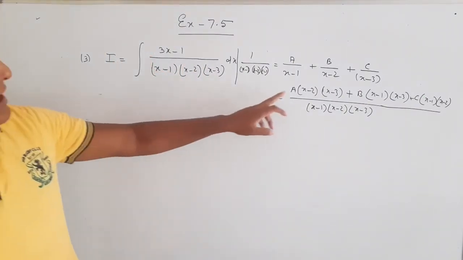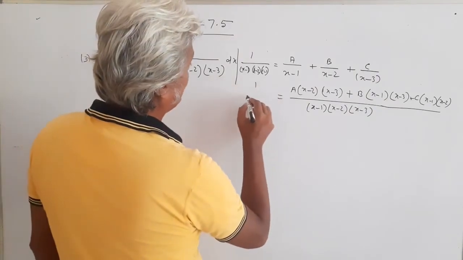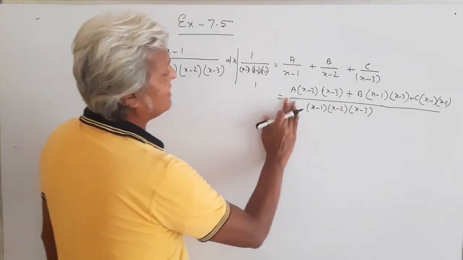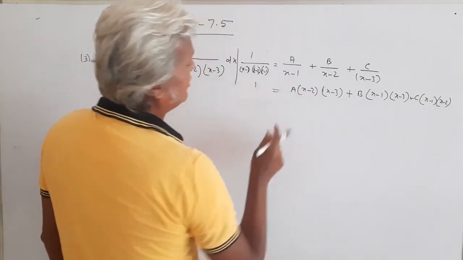So this part, everything is properly seen. Now this is 1 over this, the same thing. So I just remove one thing because I want to compare only the numerator. So I write this 1 as this.